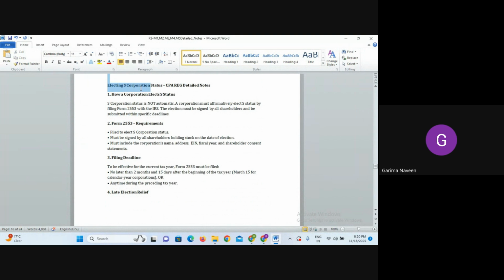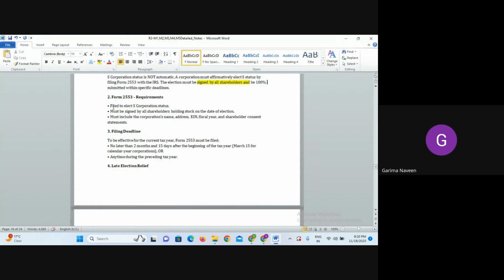Okay, so election we already discussed: to be elected as S corporation you have to file the election by filing Form 2553, and all shareholders should agree. That means you should have 100% consent from your shareholders.